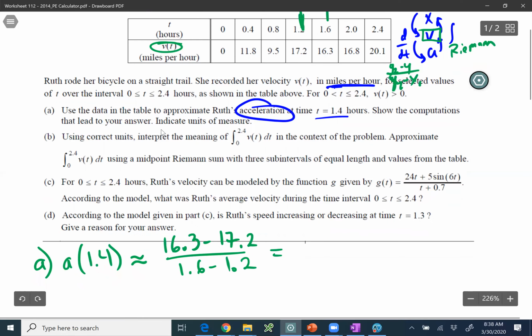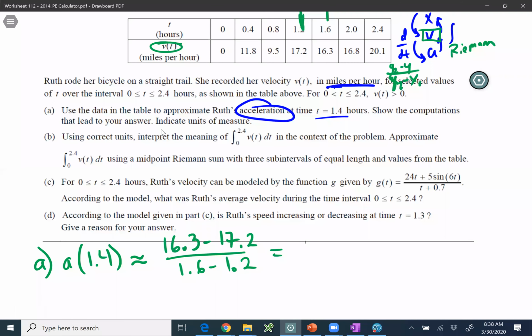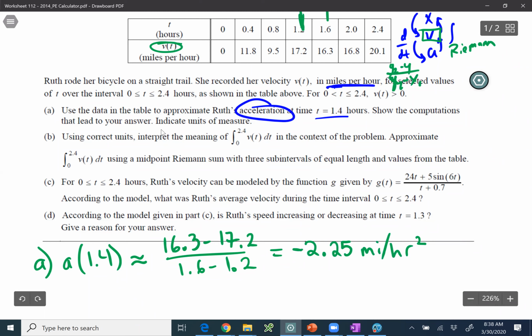And you could leave your answer like this, but because we're using units and because we have a calculator, I'd recommend just typing it in. We get negative 2.25 miles per hour squared. And regarding units, just remember we took a derivative. So whenever we take a derivative, we add on a per time.